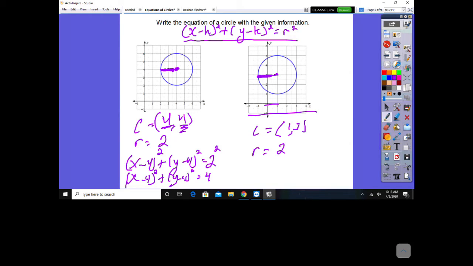So to write that equation: (x - 1) squared plus (y - 3) squared equals the radius squared, so 2 squared, which is 4. Really, if you can remember this formula and what the h, the k, and the r mean, this really isn't that bad of a formula.